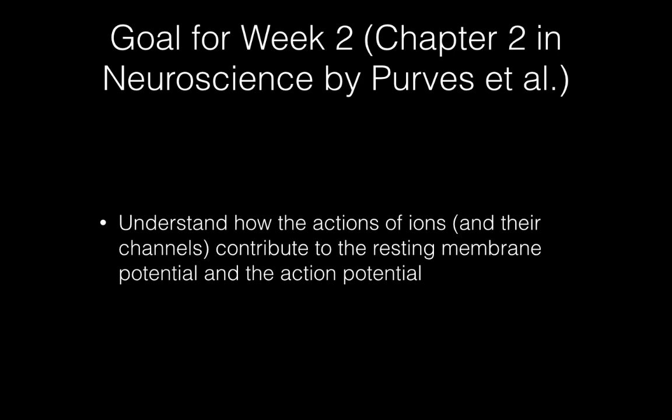The major goal for this week is that you should understand how the actions of ions and their channels contribute to the resting membrane potential and the action potential. If you can describe all those steps and understand how the channels are working, you should feel very confident in your mastery of this material.